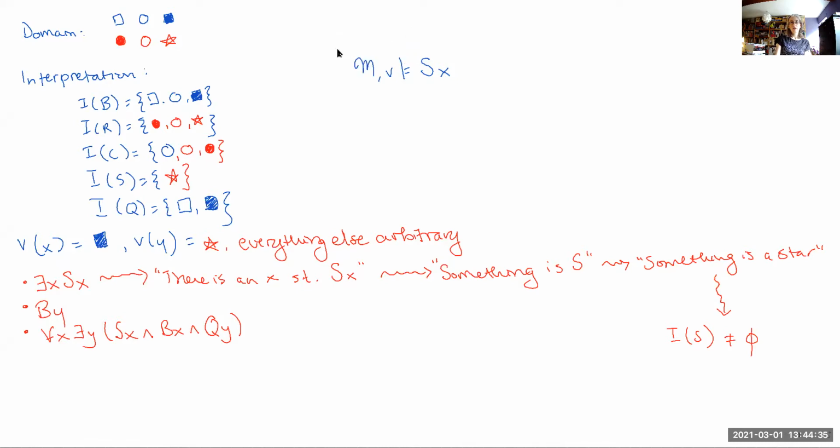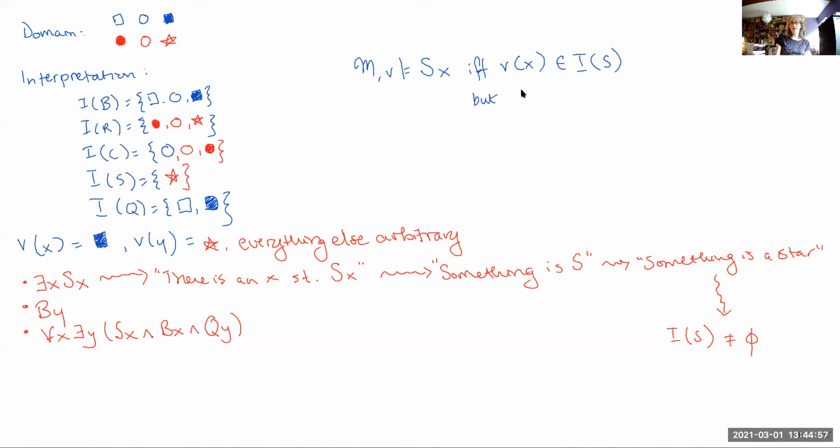So this is the case if and only if whatever the variable assignment assigns to x is a member of the interpretation of S. But right now, what it's assigned to by this variable assignment is the blue square.